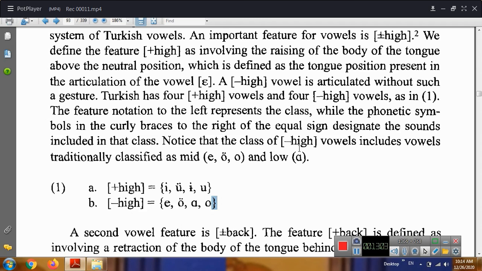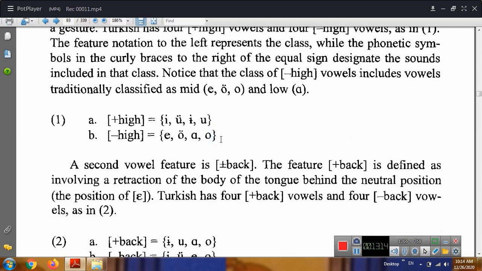Notice that the class of minus high vowels includes vowels traditionally classified as mid, E, Ö, O, and low, A, O.